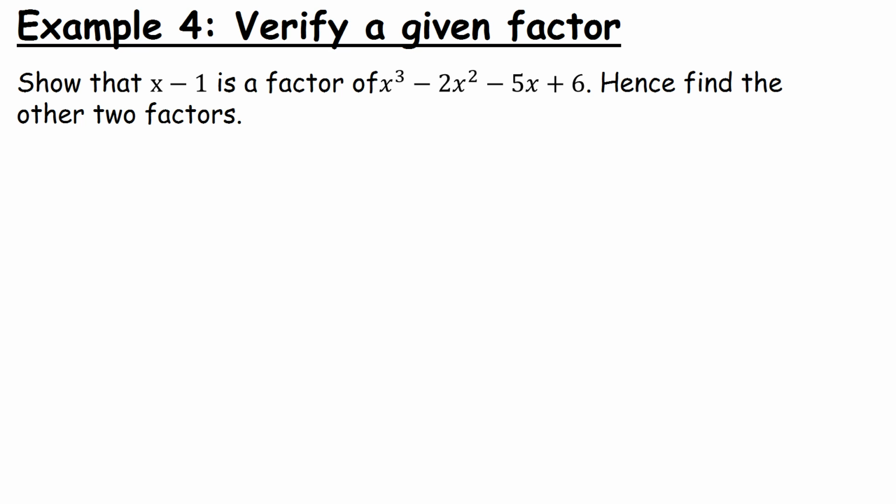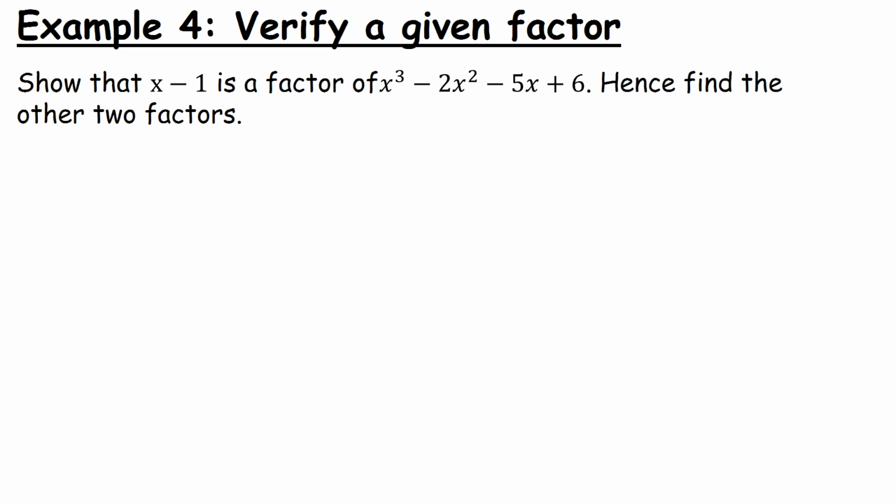So it's important here to remember what a factor is and how we verify that something is a factor. The example I gave you at the very start of this video was, if I asked, is 5 a factor of 10, how would you say yes or no? We'd say yes, it is a factor because 5 divides evenly into 10. It divides in 2 times, there's no remainder.